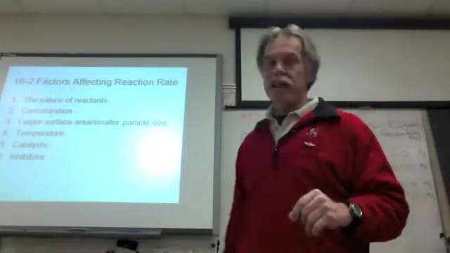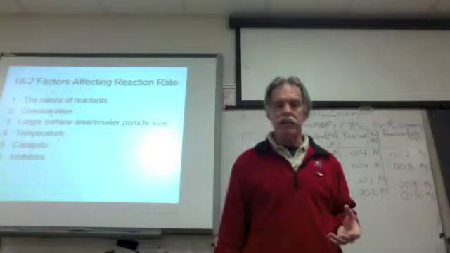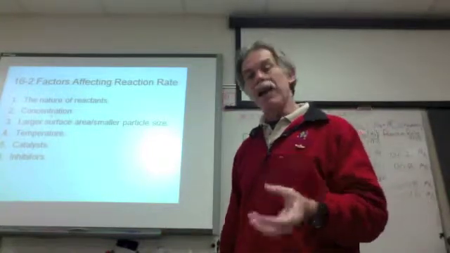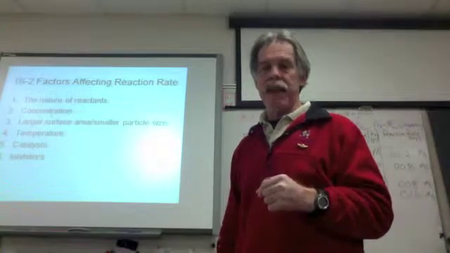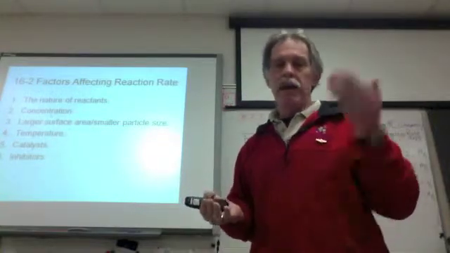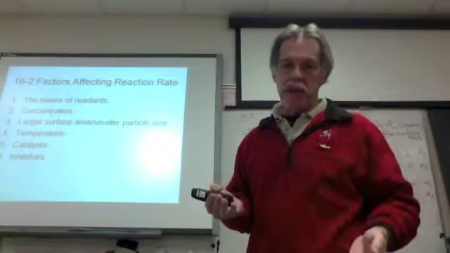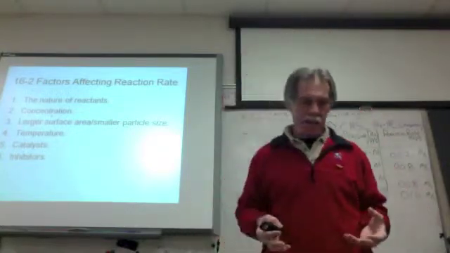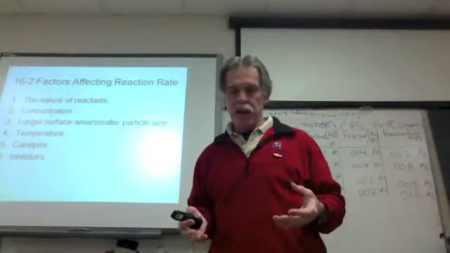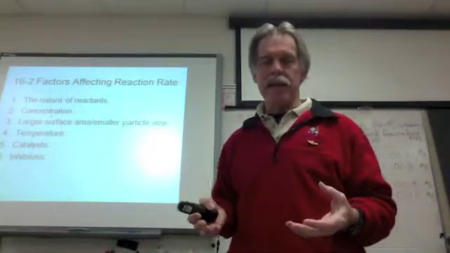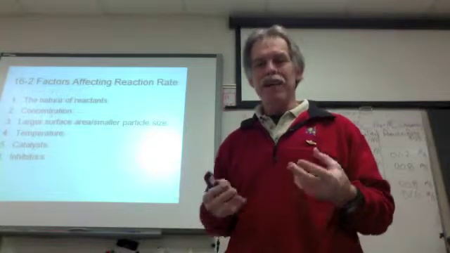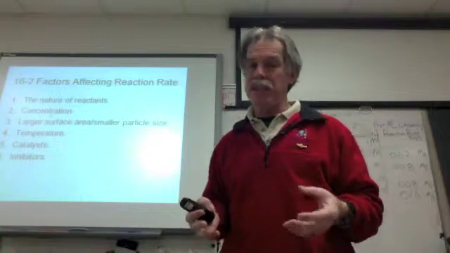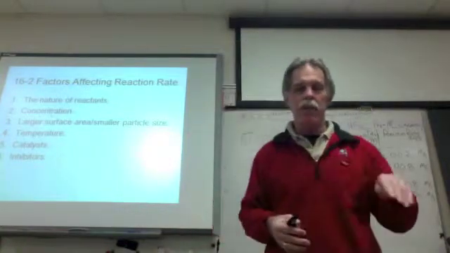There's 6 factors that we're going to list that control reaction progress or reaction rates, and I'd like for you not only to know these, but know what effect they have and which way. Do they increase the reaction rate? Do they decrease the reaction rate? First of all is the nature of the reactants, and this one's a little bit different than the others. Obviously, if you have two reactants that won't mix, like oil and water, they're not going to collide very much, and that will mean that they're not going to have many reactions, maybe a few right where they have the boundary.